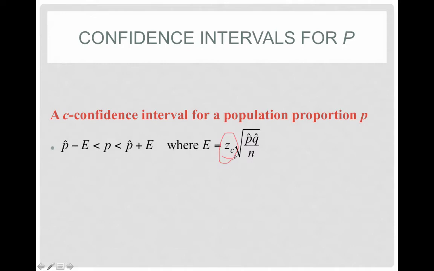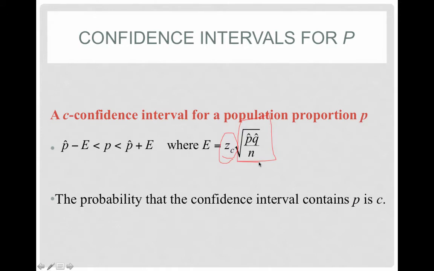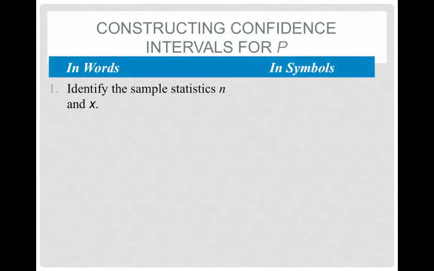We'll be calculating this square root of p hat times q hat divided by n either in our calculator or Excel. The probability that the confidence interval contains p is going to be our confidence, or our c.